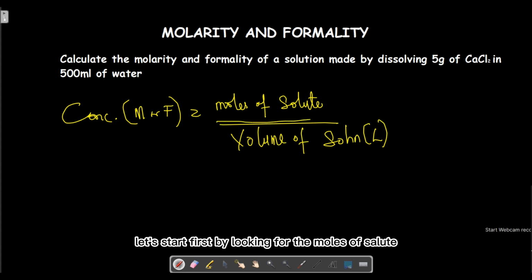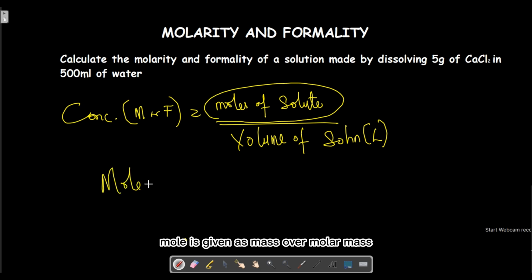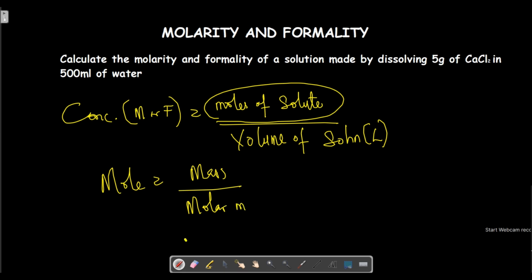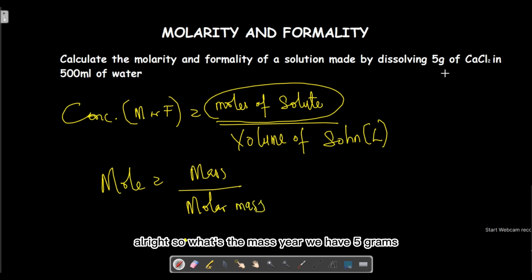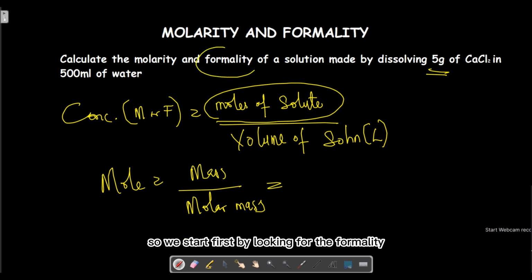Now let's start first by looking for the moles of solute. You know from calculation, moles is given as mass over molar mass. So what's the mass here? We have 5 grams. We'll start first by looking for the formality, because formality gives you the total concentration of the compound.